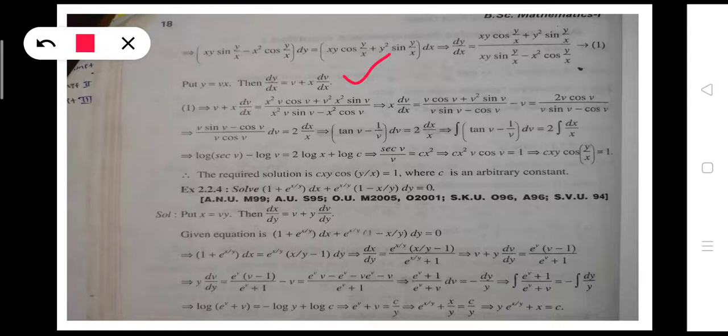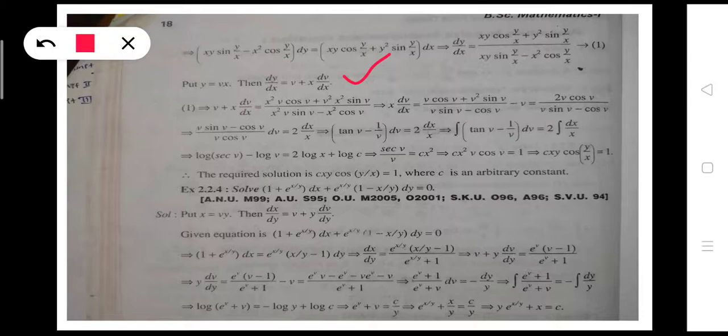the constant is log c. Now simplifying log sec v minus log v, since log a minus log b is log (a/b), that is log (sec v / v) = log c x².